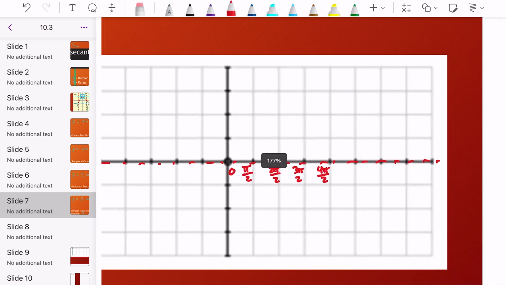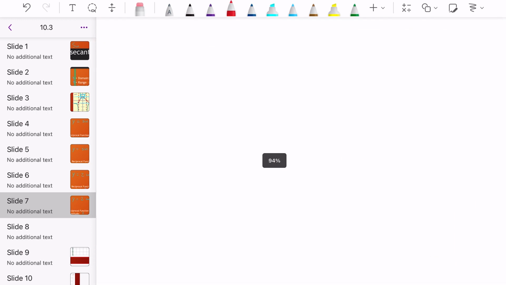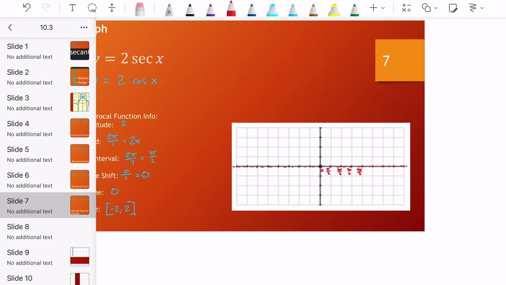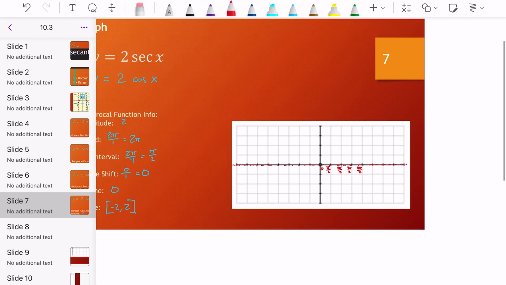Now we are working with a cosine graph. So we're going to mark off our maximum and our minimum. Max would be 2, minimum would be negative 2. Since this is a positive equation and we're working with cosine, it's going to begin at the 2 marker.